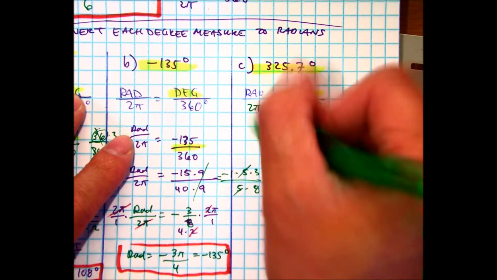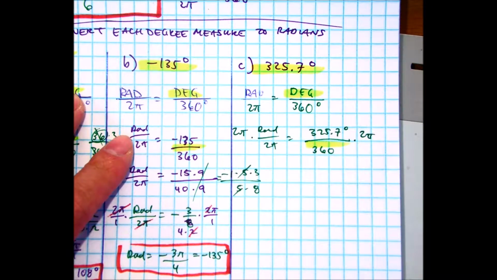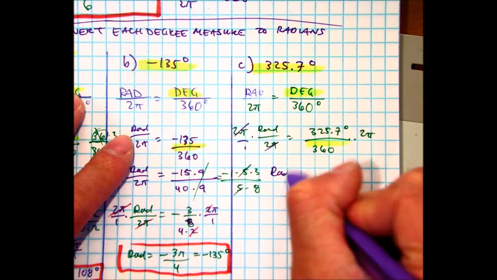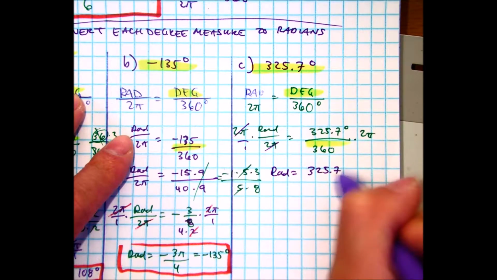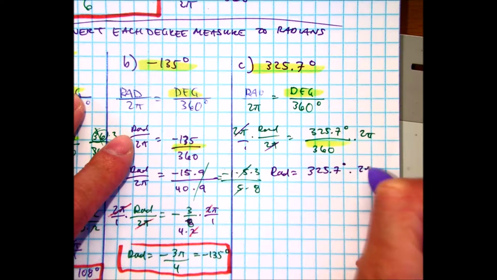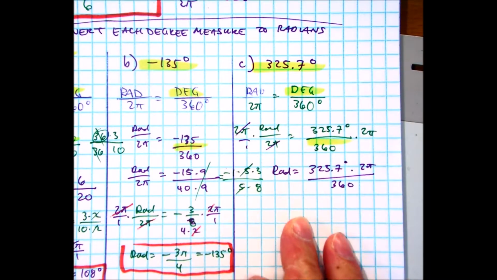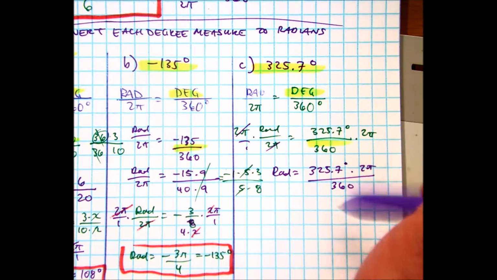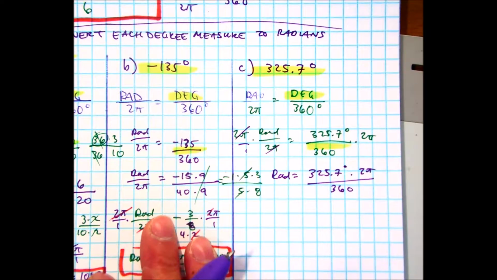So if I multiply both sides by 2 pi, my 2 pi's are going to cancel, so I have radians is equal to 325.7 degrees times 2 pi all over 360. Now, you can probably tell right away it's a decimal. Most likely it's not going to reduce nicely into a fraction. So this one would be okay to use your calculator.